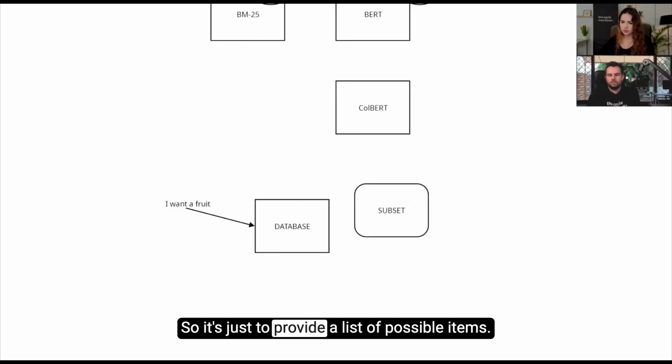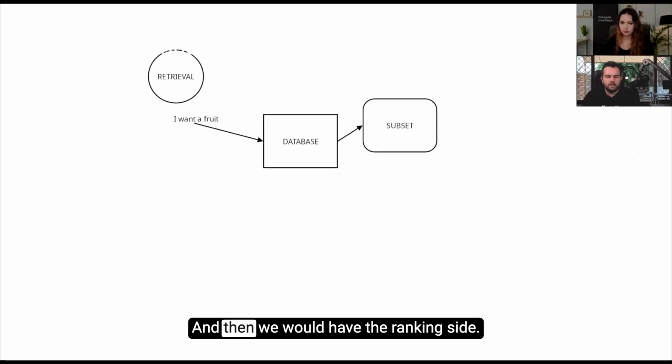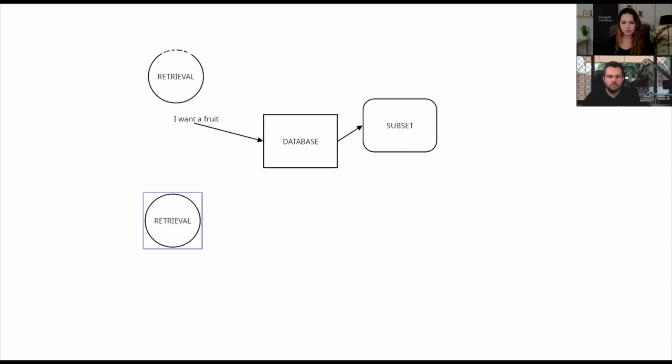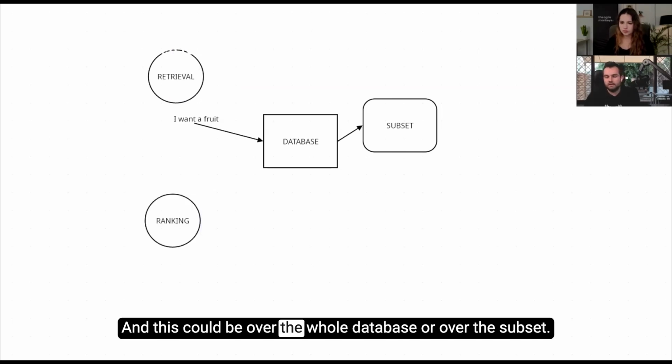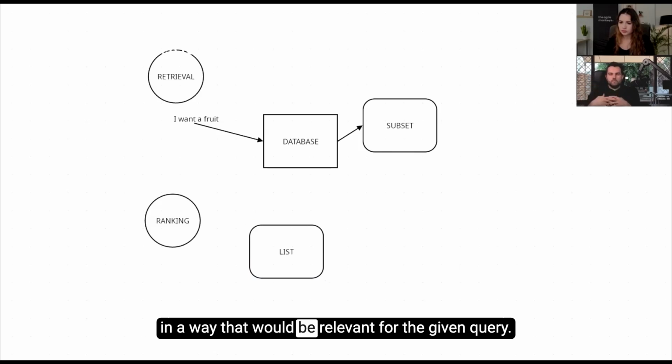So it's just to provide a list of possible items. This is what retrieval would mean. And then we would have the ranking side. This could be over the whole database or over the subset. So it would be over a list of items, just sort them in a way that would be relevant for the given query.